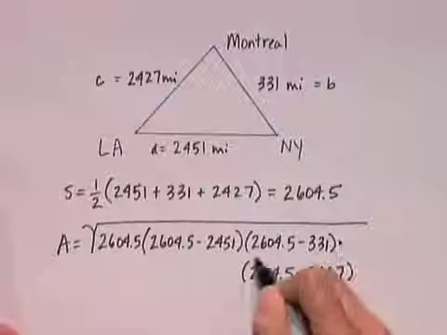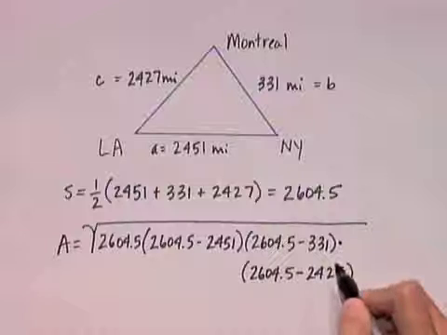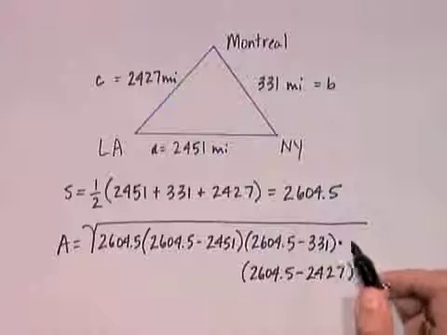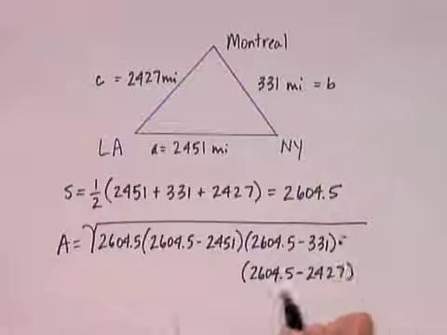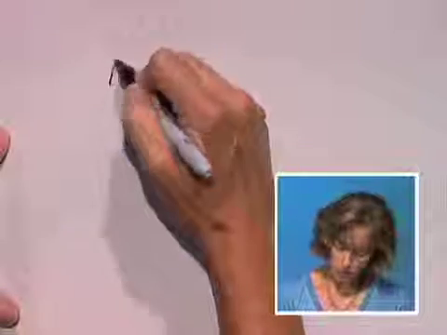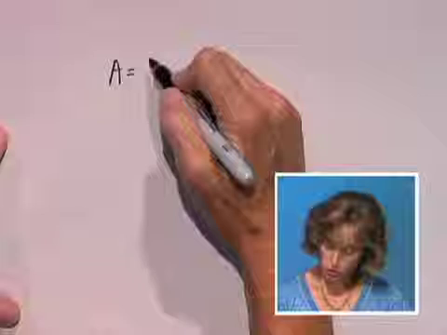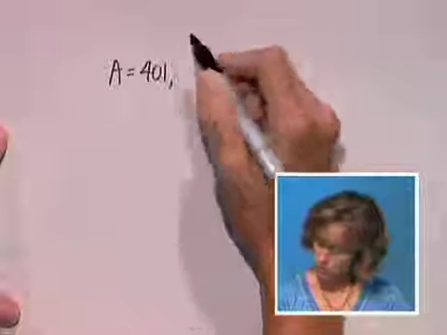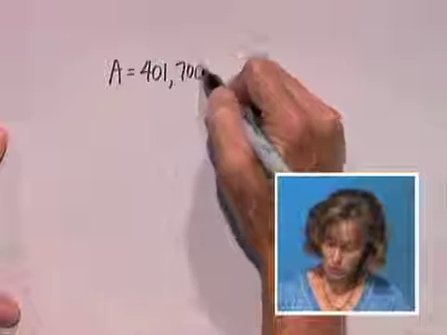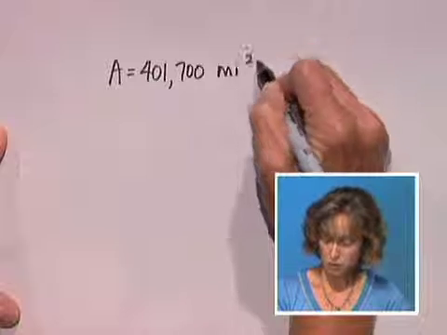Well, we need to crunch a number on our calculator. If you crunch this number on your calculator, you'll see that the area comes out to 401,700 square miles.